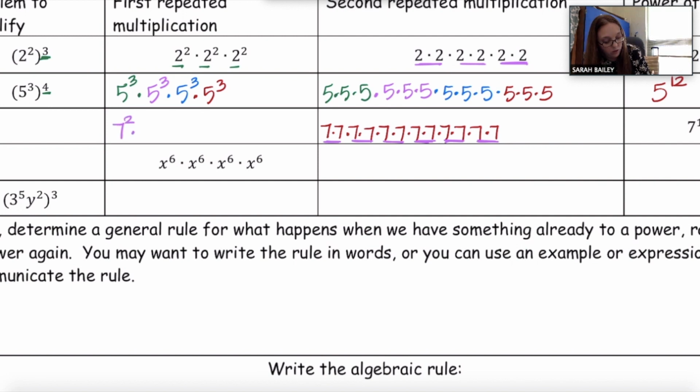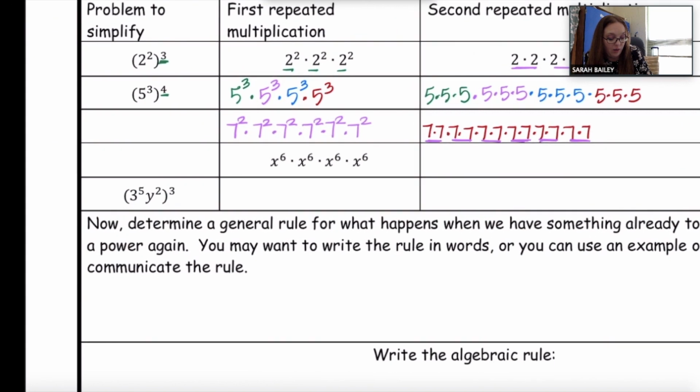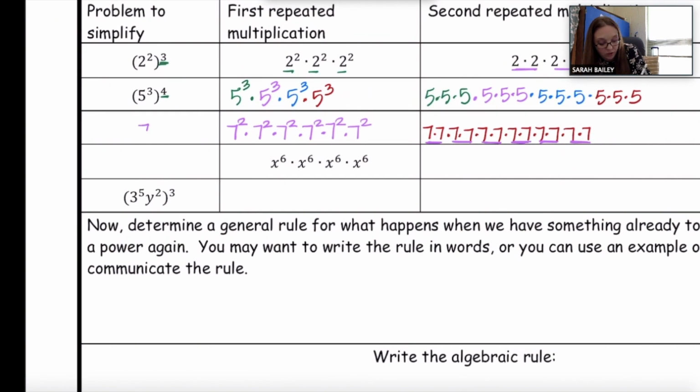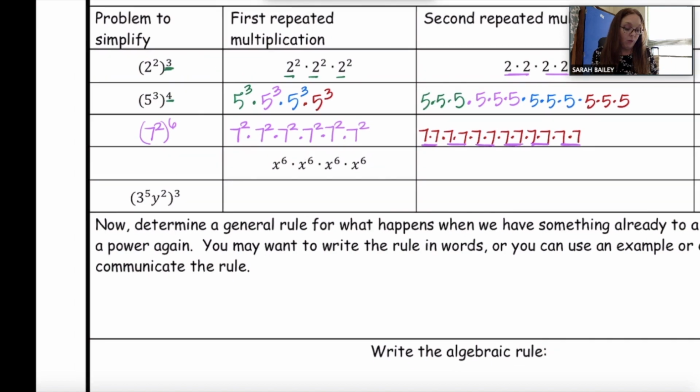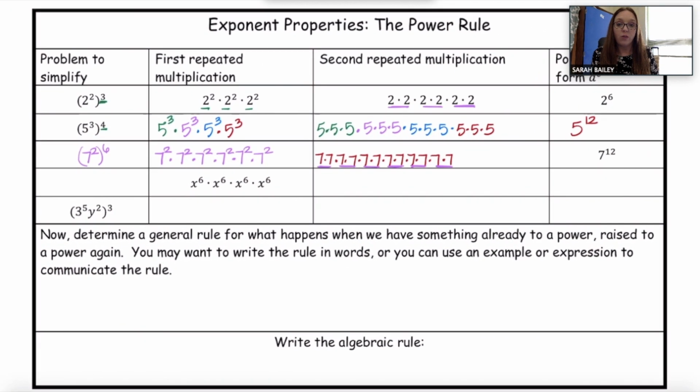So 1, 2, and I have 6 groups. 3, 4, 5, 6. And so what would that look like in the beginning? So that 7 squared would be in parentheses, and it'd be to the 6th power. So 7 squared to the 6th. That's one answer. There's more than one way that we could have done the 7 to the 12th.